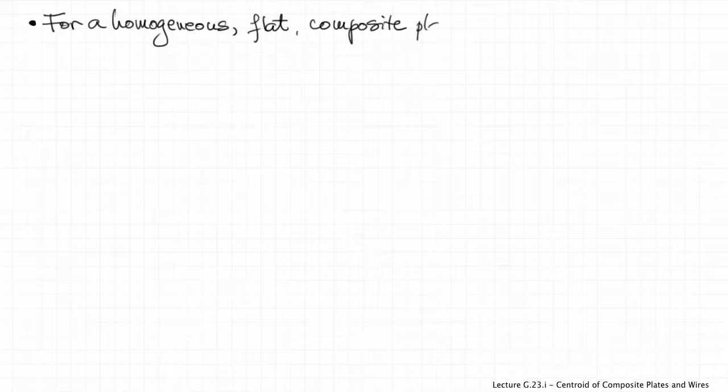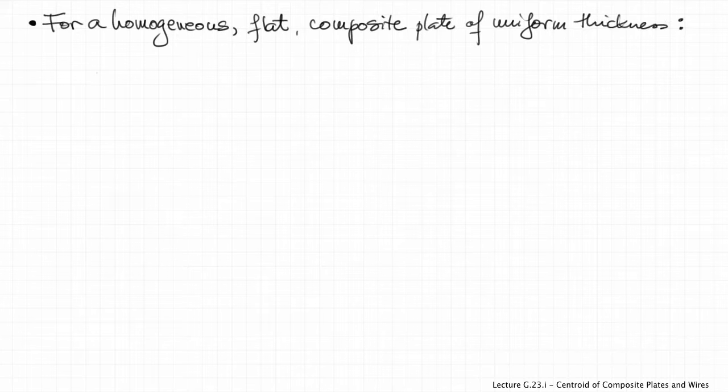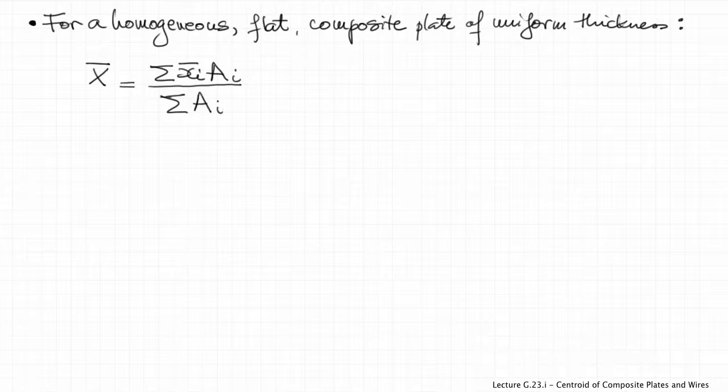Therefore, for a homogeneous, flat, composite plate of uniform thickness, we can solve from the equations of the first moments of the area for the coordinates of the centroid of the entire plate. That would be capital X bar equals the sum of xi bar Ai divided by the total area, the sum of Ai.